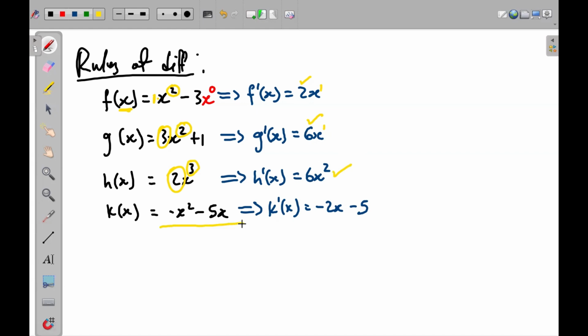Another one here, and this is what I meant when I said you got to do this for every single term in the expression. So as you can see, the coefficient here is a minus 1. So 2 times minus 1 is a minus 2. You subtract 1 in the exponent, you get a 1. Same thing here, the exponent is a 1. So 1 times 5 is a 5, or well, negative 5.